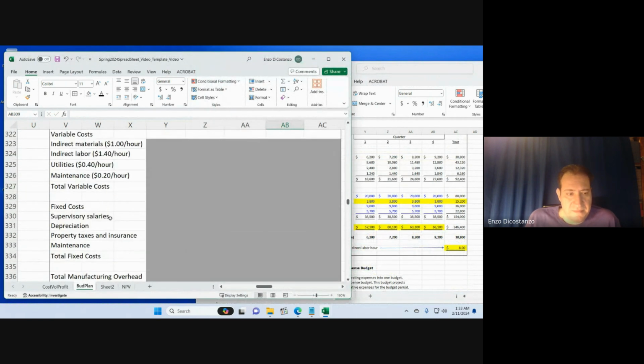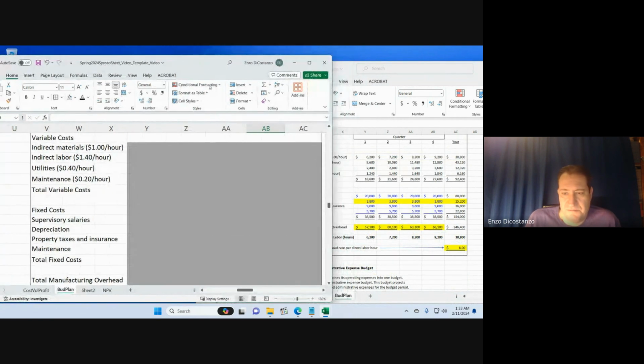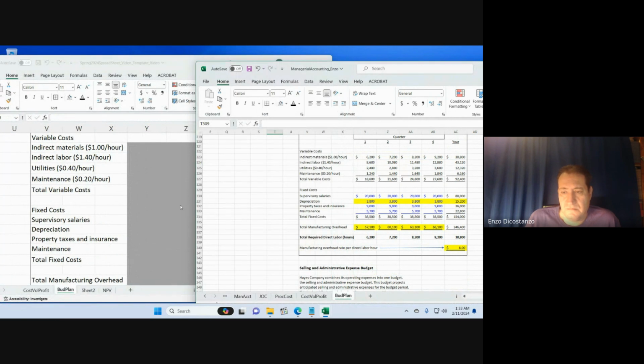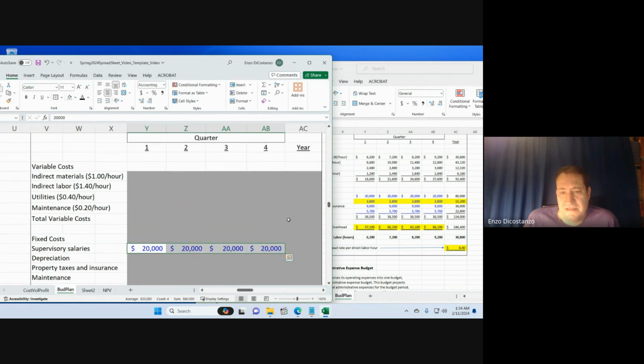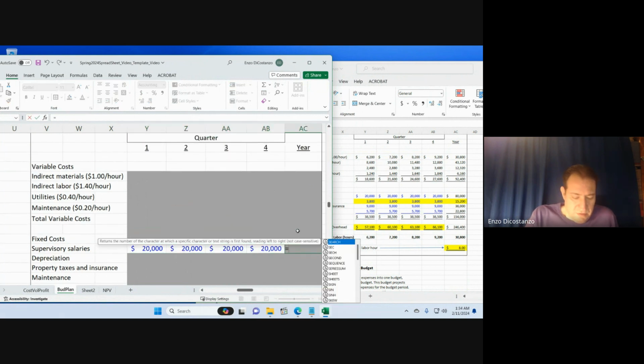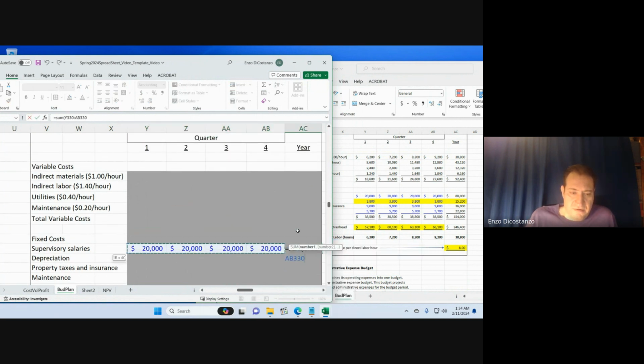You're given that supervisor salaries are $20,000 per quarter, and then for the year is that. Depreciation, $3,800 per quarter.